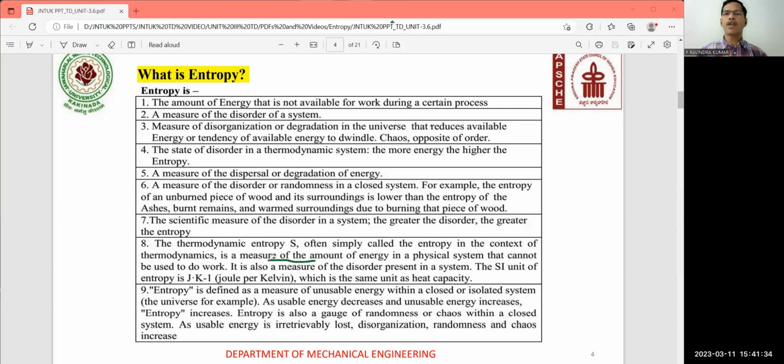It is a measure of the amount of energy in a physical system that cannot be used to do work. It is a measure of disorder present in the system.